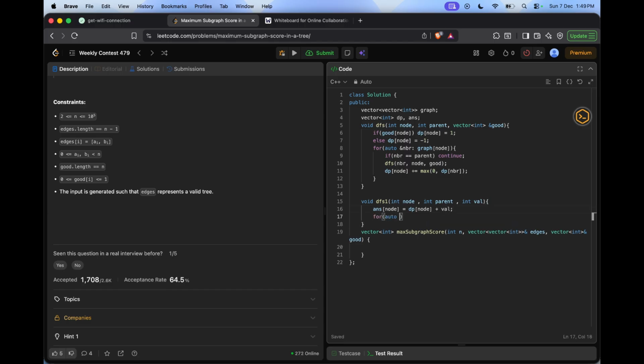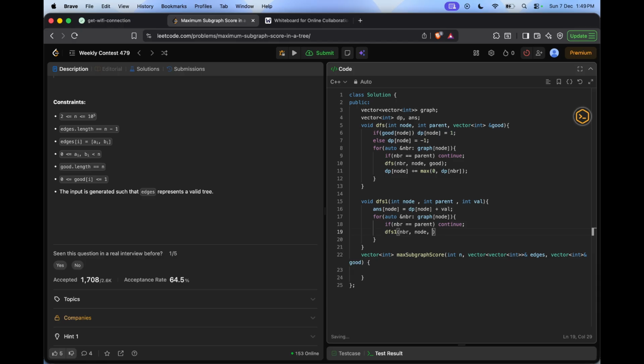Now iterate over all its neighbors. If neighbor equals parent, continue. Else DFS 1 of neighbor node.